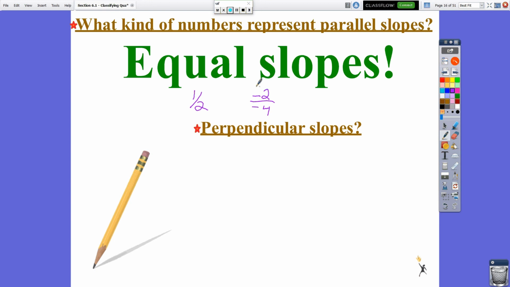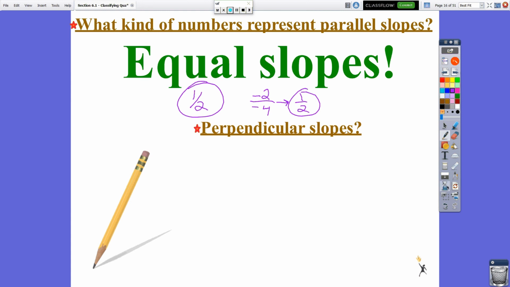No, wait a second. -2 over -4, that simplifies to be 1/2. And hey, those really would be parallel to each other. So keep in mind, if I give you a slope, it may not necessarily be a fully simplified fraction. And you should always try to fully simplify your fractions to see if they truly are the same or not.